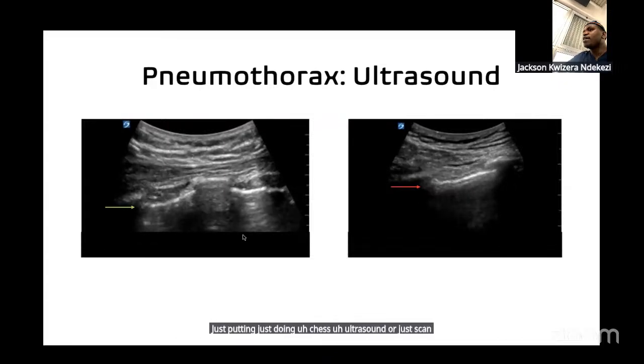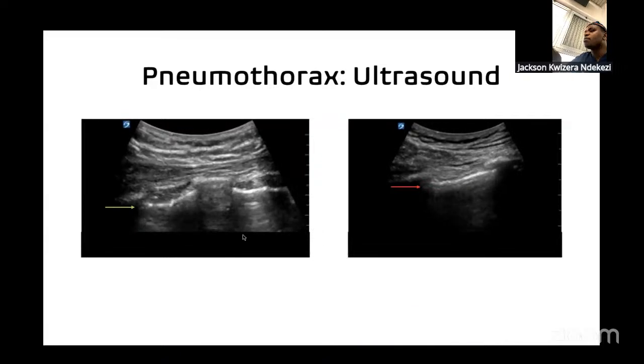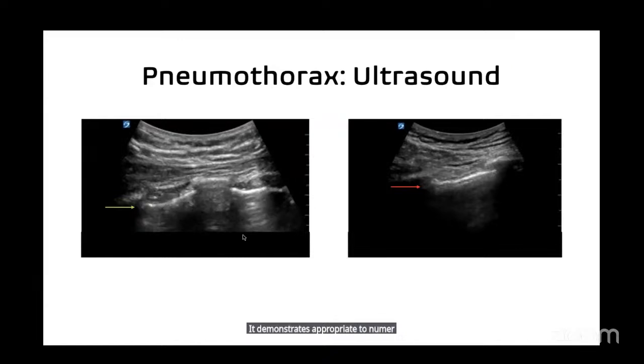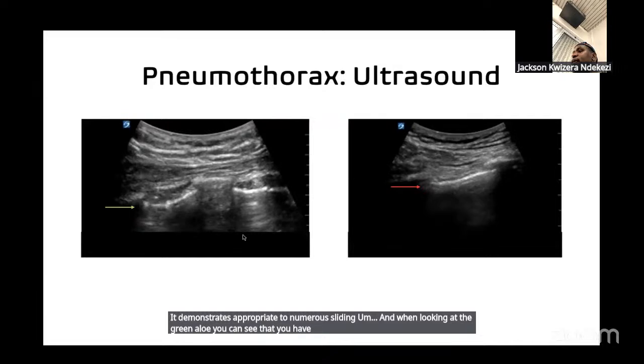On the right side, you can see that we have the rib, and then you can see the shadow of the rib. But on the other side, it demonstrates appropriate or normal lung sliding. And when looking at the green arrow, you can see the shimmering, which is the parietal and visceral pleura moving against each other, representing appropriate lung expansion.